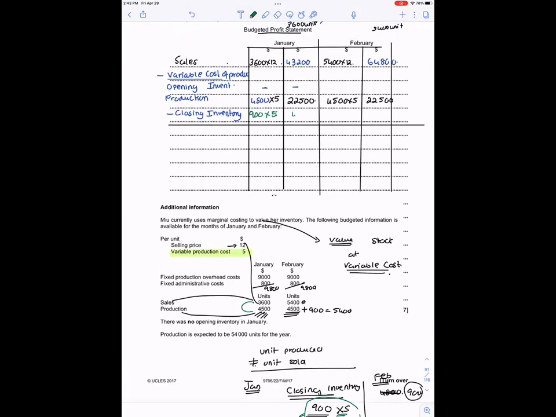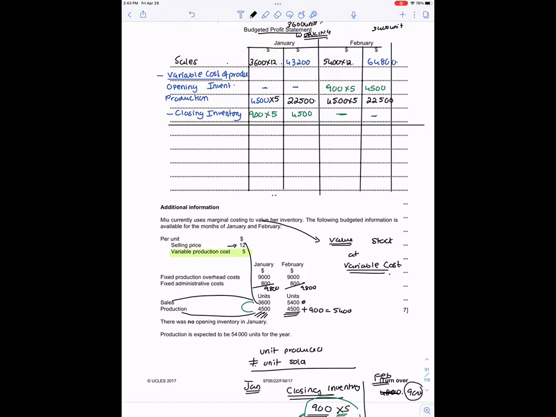So this closing inventory will become my opening inventory of February. It's 900 into 5. This is 4,500. Opening inventory plus production, and there is no closing inventory, so I have just done dash. Now I'll make my statement. Okay. So this would be my working.